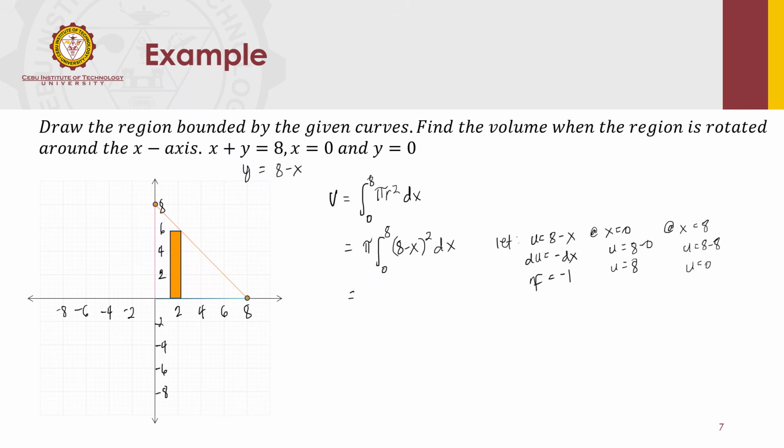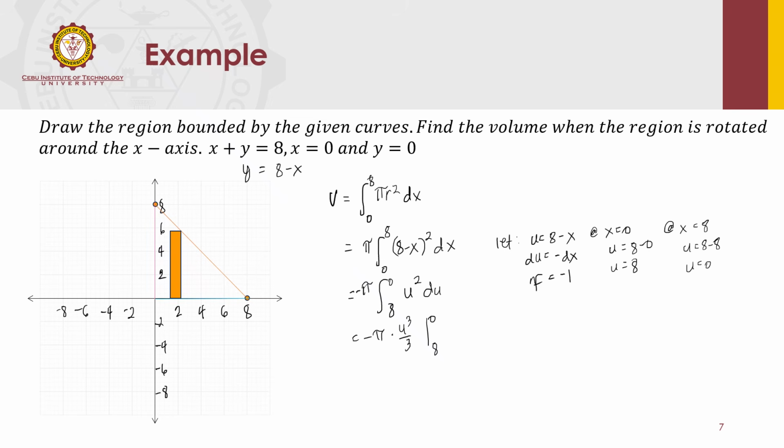So it's going to be pi times the integral from 8 to 0, and 8 minus x becomes u, so it's u squared. With the negative sign here for the neutralizing factor, the dx now becomes du, which is negative pi times u cubed over 3, evaluated from 8 to 0.